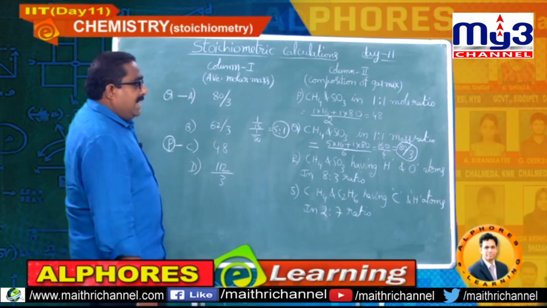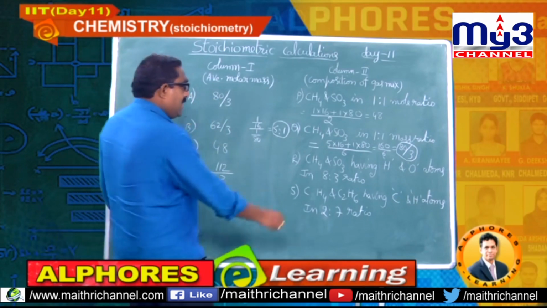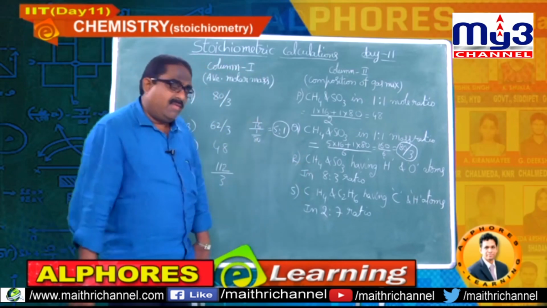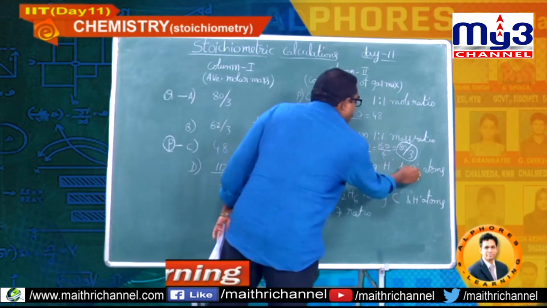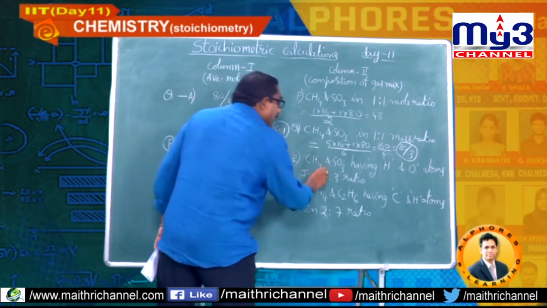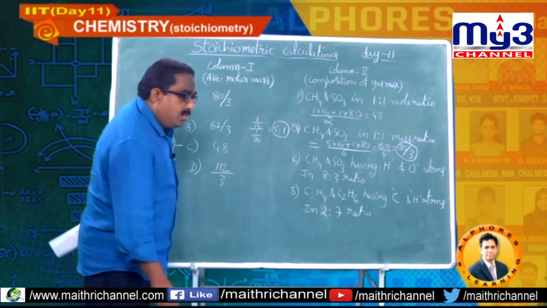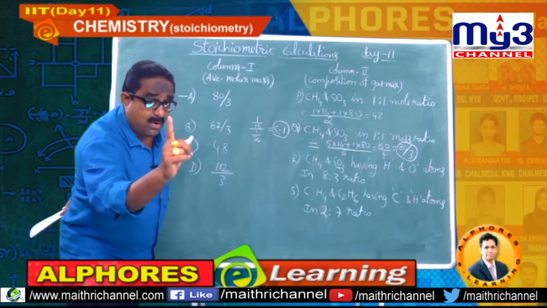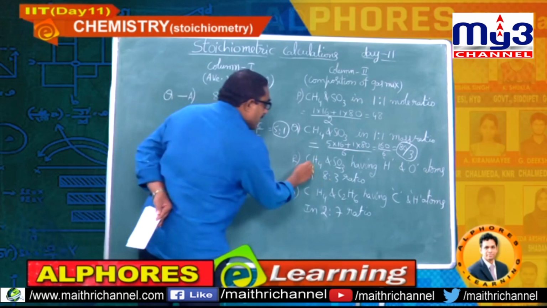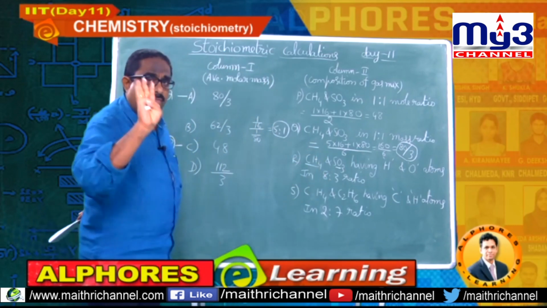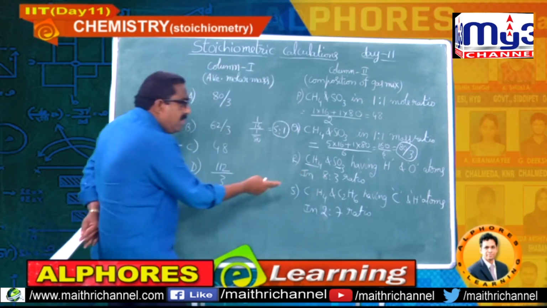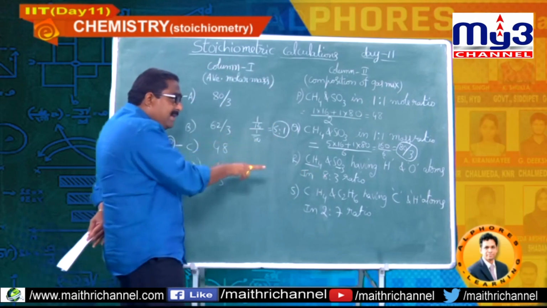Okay. Next, I will take R. Same mixture, methane and sulfur trioxide having hydrogen and oxygen atoms in 8:3. Oh, so 3 oxygens in sulfur trioxide, no doubt. So, you can take 1 mole students, but each CH4 contains 4 hydrogens. But he has given the atomic ratio of hydrogen and oxygen as 8:3.